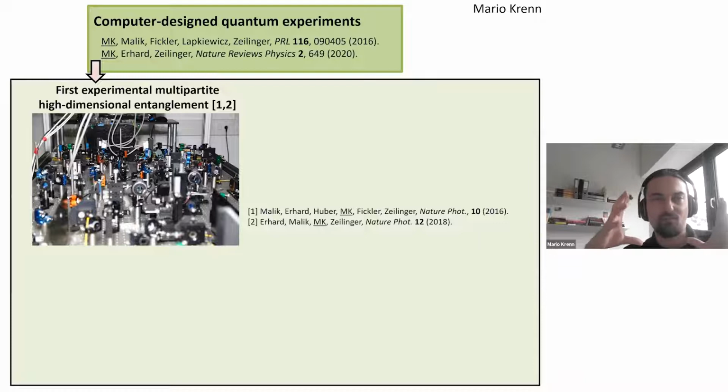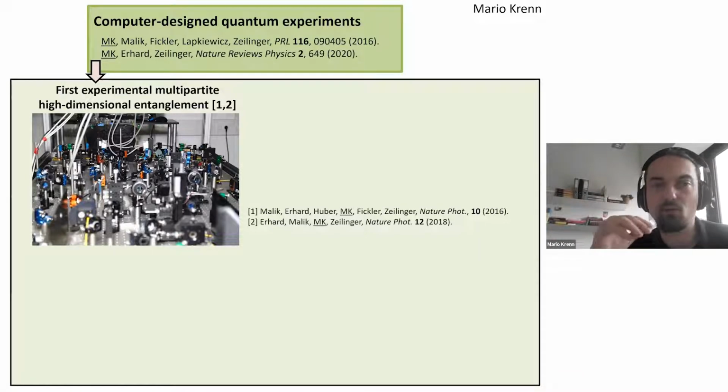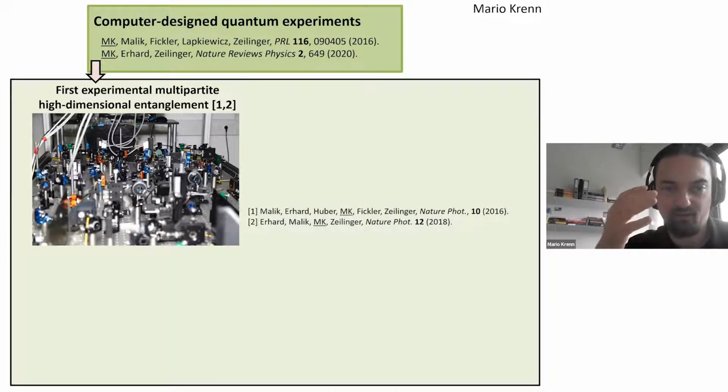And it found an experimental setup that all of my colleagues and I were not able to find for many weeks.